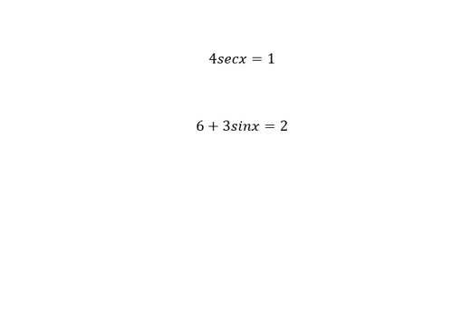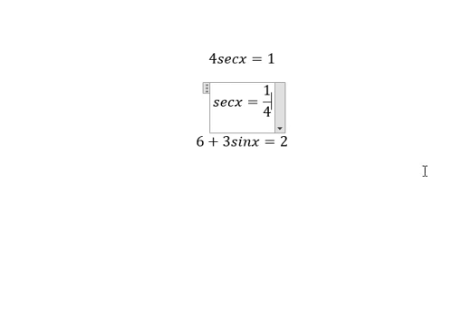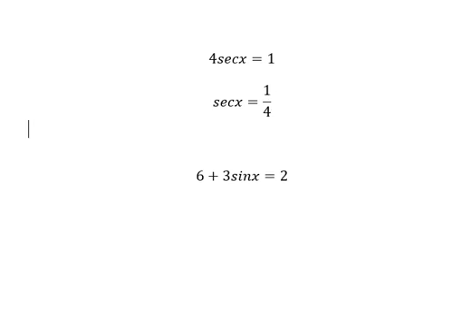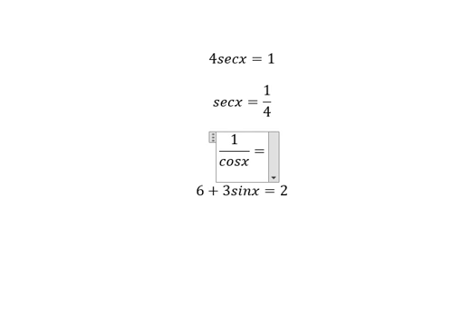Question number 4. We divide both sides by number 4. We know that secant of x is 1 over cosine x.